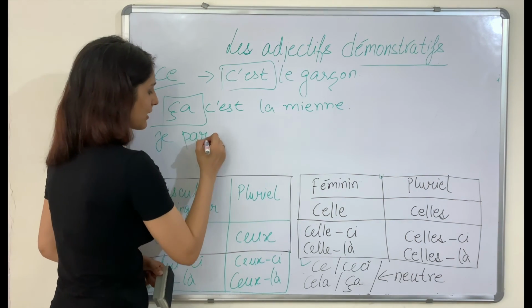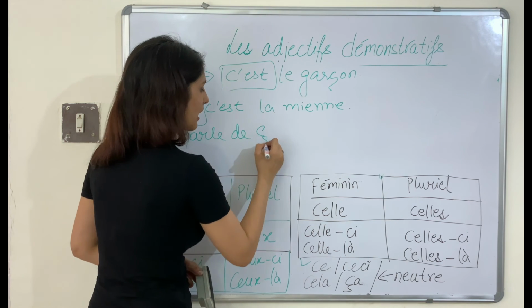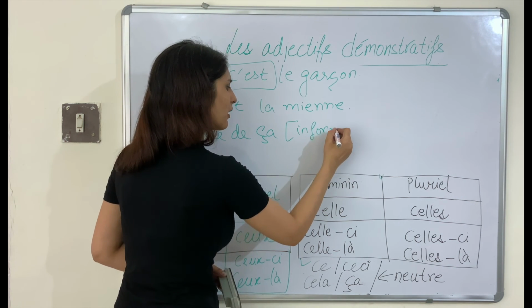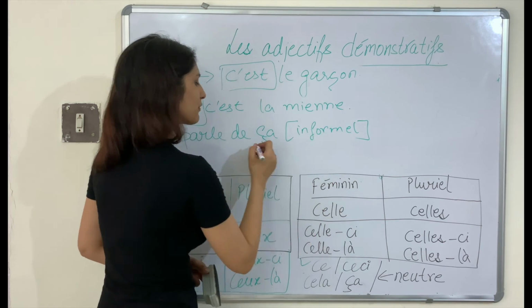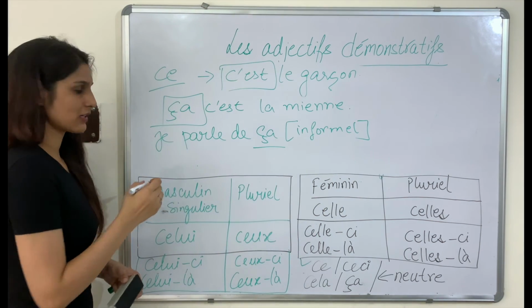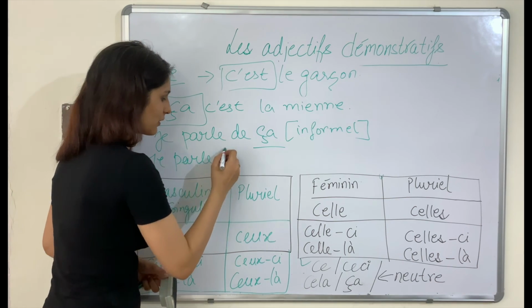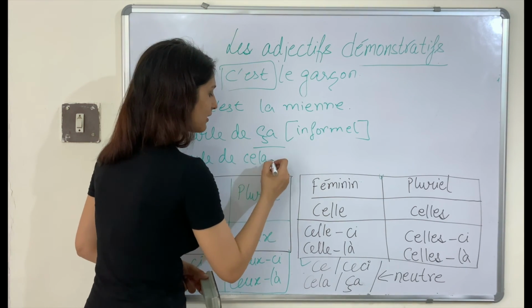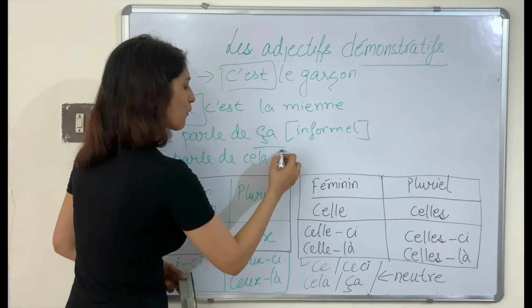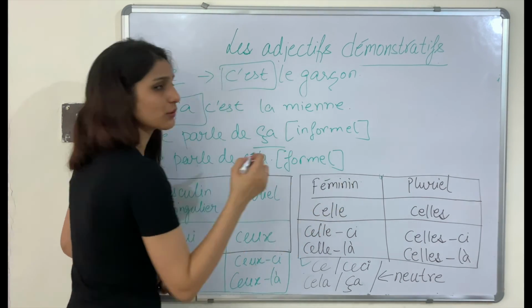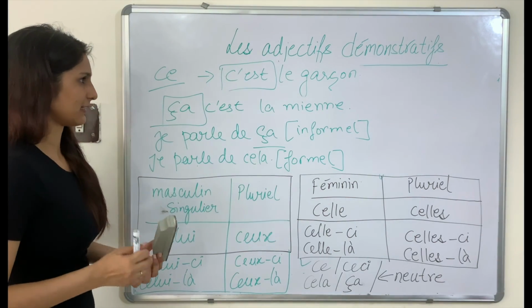Je parle de ça. This is your informal sort of usage of the ça. And if you will use je parle de cela, it will at least become formal. Sounds good in French if you will use it like this.